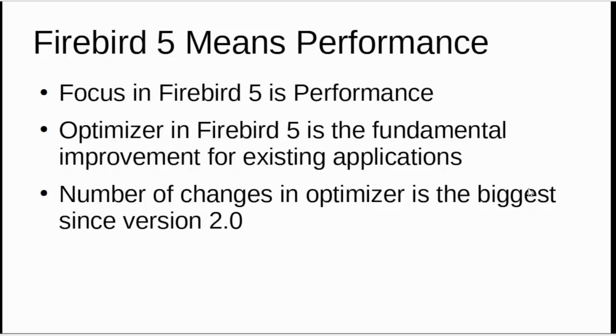It means that you don't need to change SQL queries to reach the new level of performance. There were a lot of investments in the optimizer during the development of Firebird 5. The number of changes in the optimizer is the biggest since version 2.0 of Firebird.